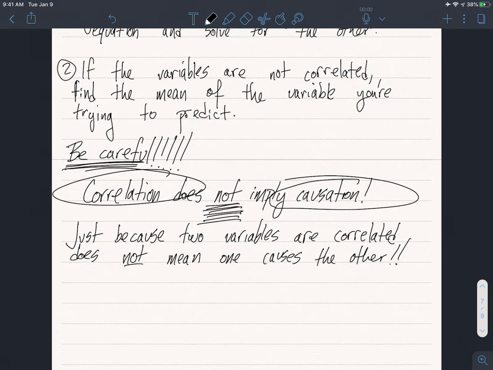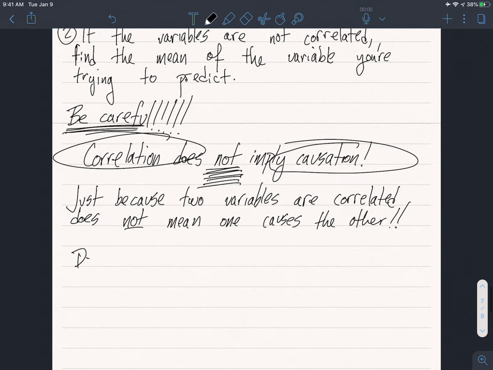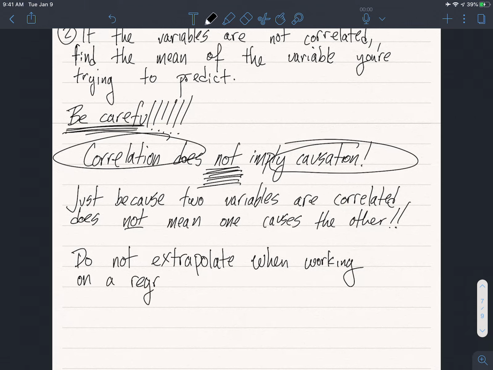And the other thing I want you to be careful of is do not extrapolate when working on a regression problem.